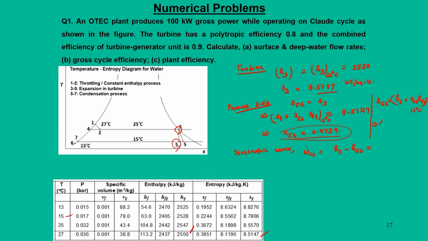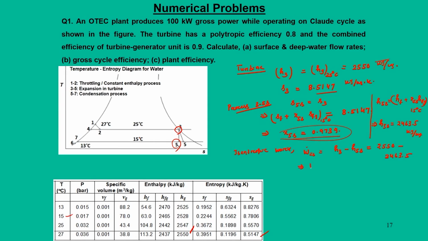So, from this data H5s we can find as 2463.5 kilojoule per kg. So, we have H3 and we have H5s. So, this becomes 2550 minus 2463.5.